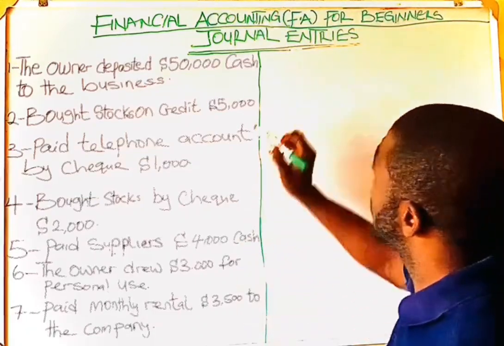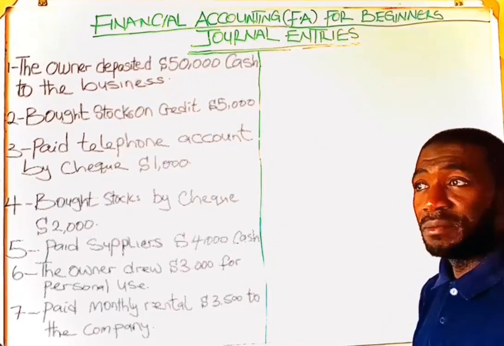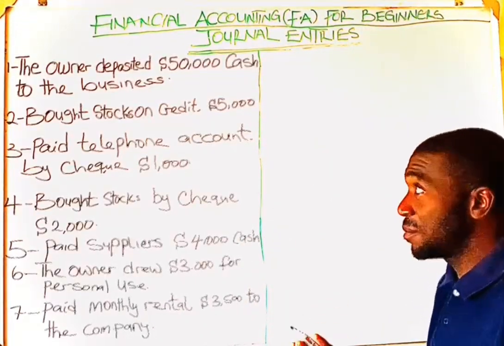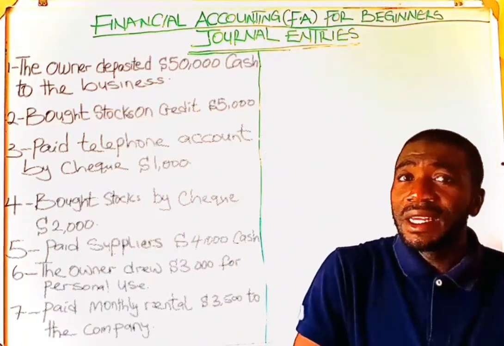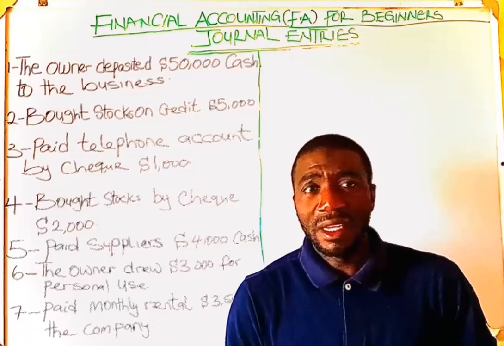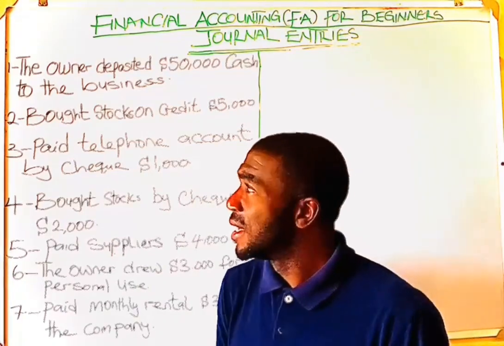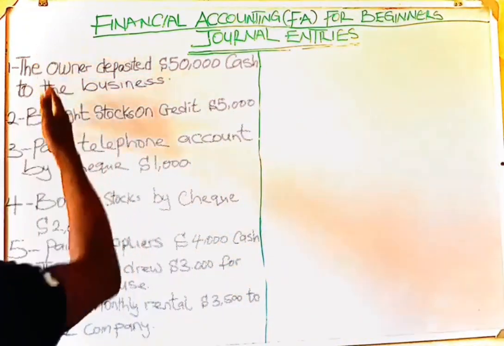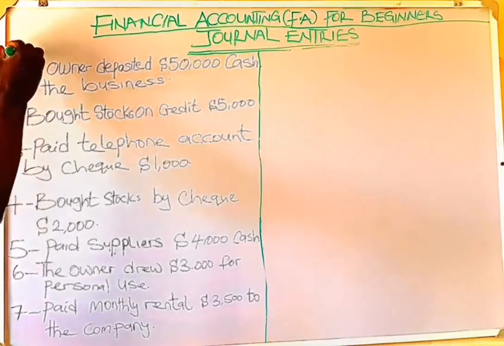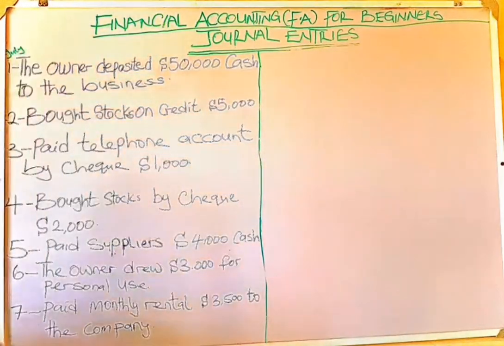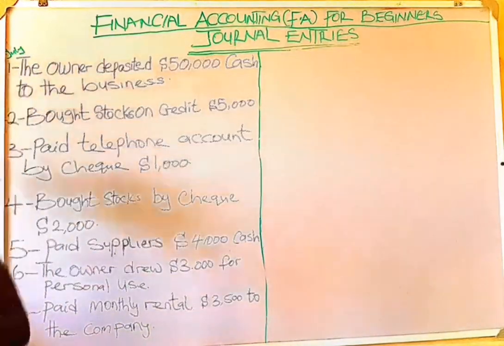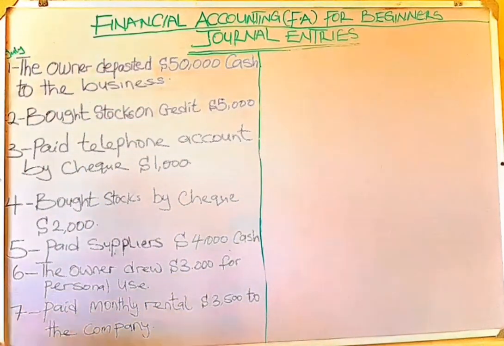It is not exactly a format, but it is a format, because a journal records transactions on a daily basis. Assuming these are our transactions: this is the date, let's say July. This is the 1st of July, transaction 1. Transaction 2 is the 2nd of July, transaction 3 like that, up to transaction 7.